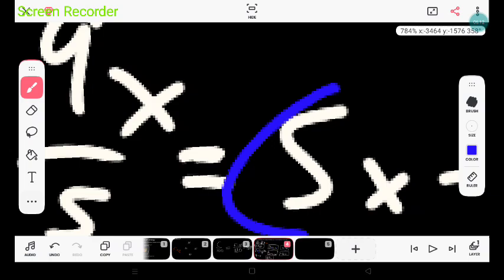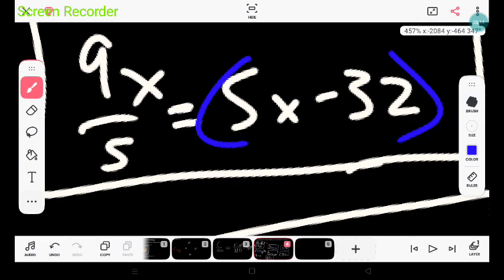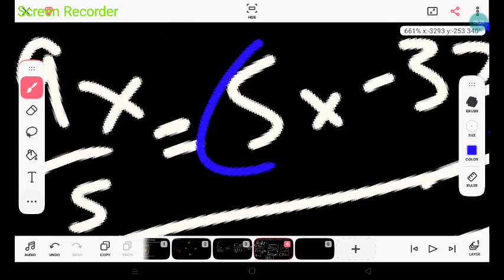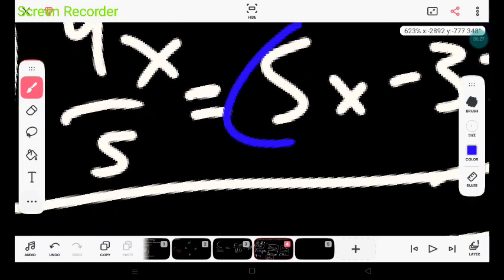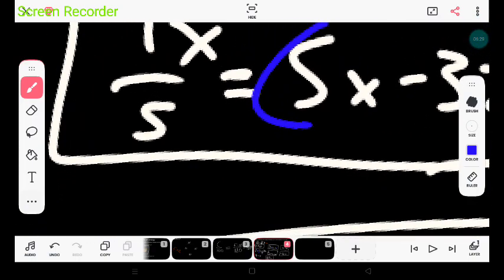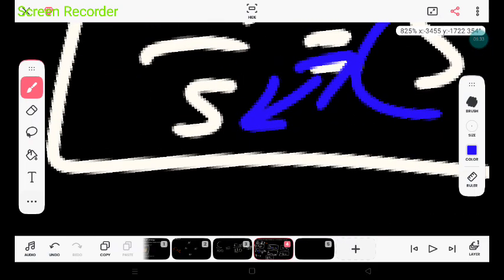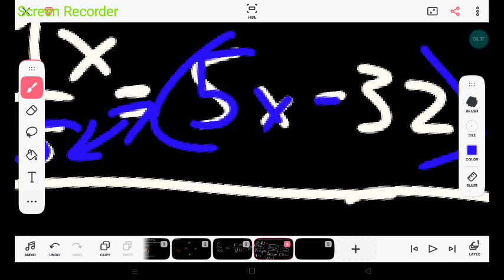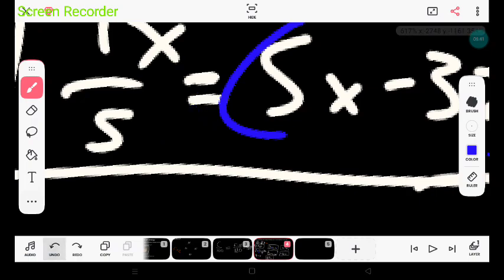Now, we have to multiply 5 by 5x minus 32. Whatever number is outside the bracket, we have to multiply by the inside numbers, which is 5x minus 32 in this case. I know you understood nothing, but please try to understand.